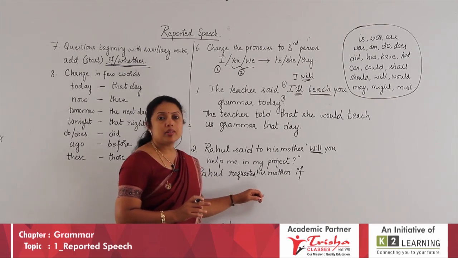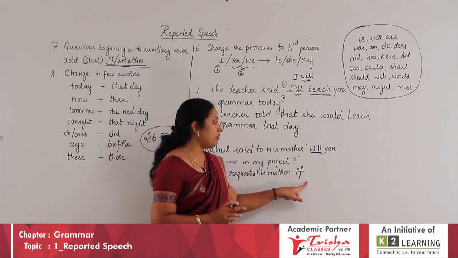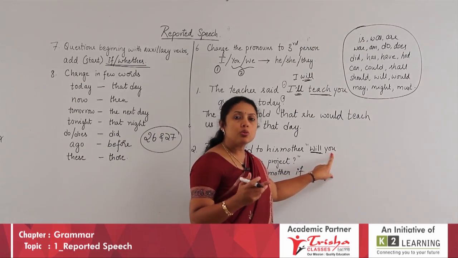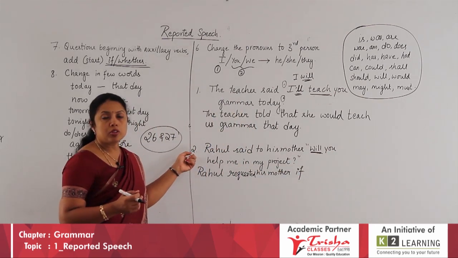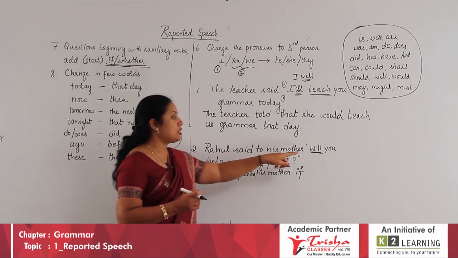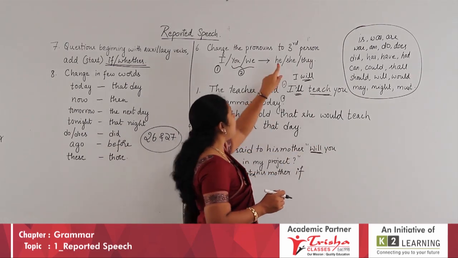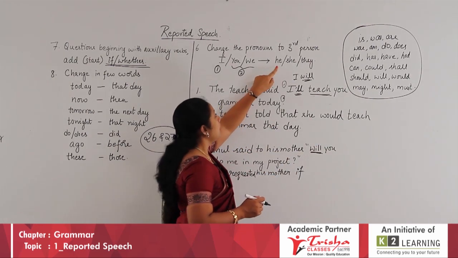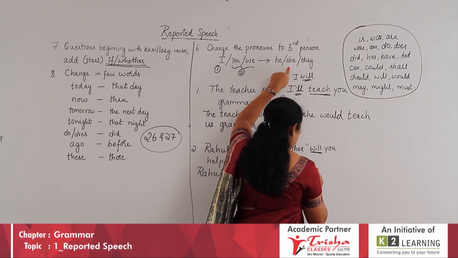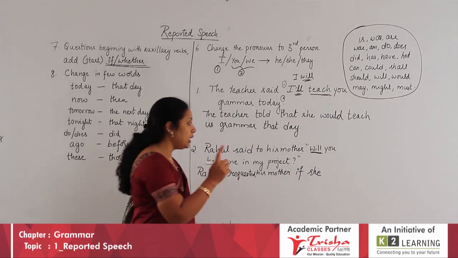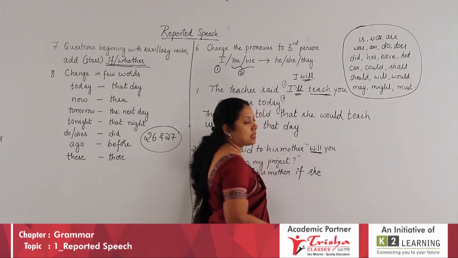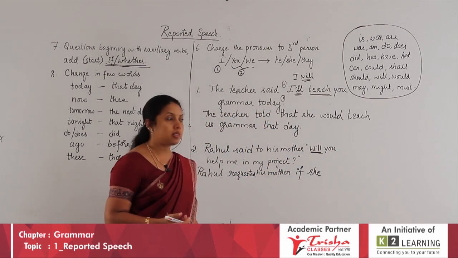Rahul requested his mother if. Now you, who is this you referring to? You refers to Rahul's mother. So instead of you, I'll have to put the corresponding third person pronoun, that is she. If she. Now I have to change will into past tense. So how do I change will to past tense?